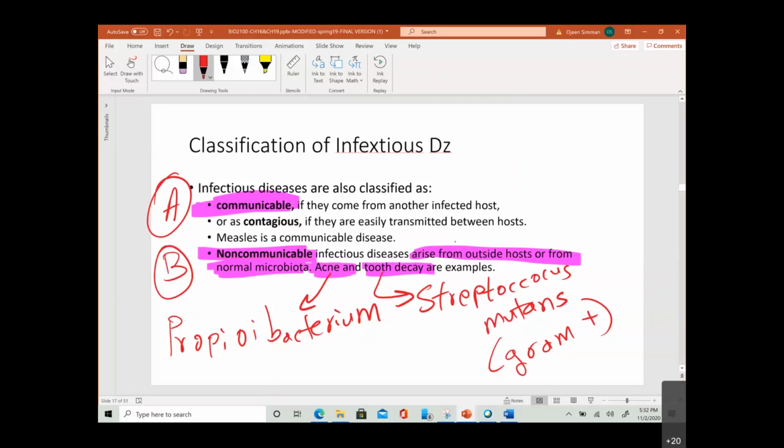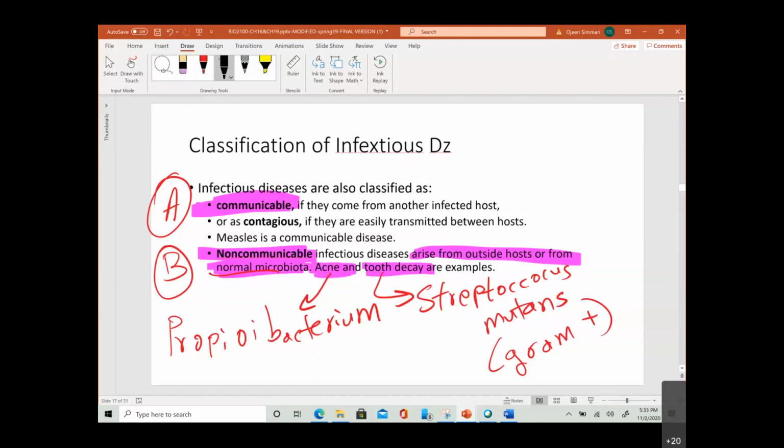Examples of non-communicable infectious diseases are the types that arise from outside the host, or they can also arise from the normal microbiome. Examples of non-communicable include acne and tooth decay.